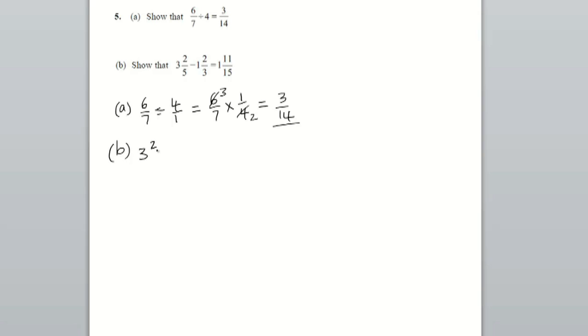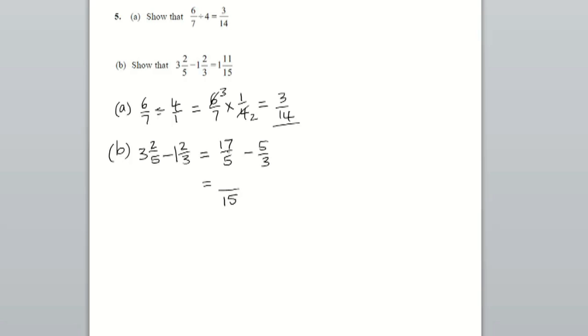3 2/5. Take away 1 2/3. First thing I'm going to do is make them top heavy. So that's 17/5. Take away 5/3. I then need to turn them into fractions with the same denominator. The denominator I'm looking for is 15ths.